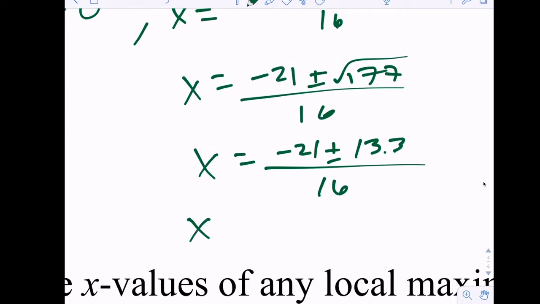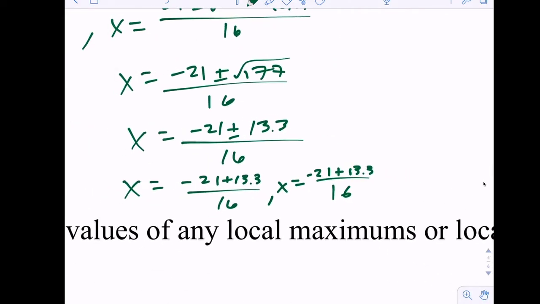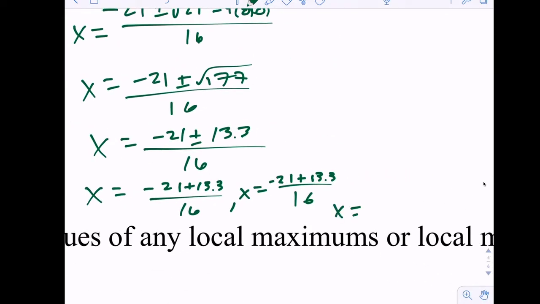Dang it, this didn't work, but hey, quadratic formula. So you're going to have negative 21 plus 13.3 all over 16. And those come out to be what?